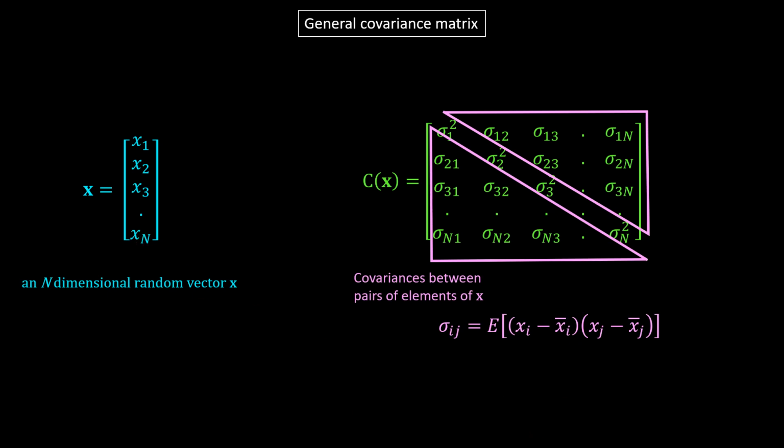The definition of covariance is the expected value of one random variable minus its mean times another random variable minus its mean. So collectively, the covariance matrix specifies the variability, the ability to wiggle, of these elements of x about their means.